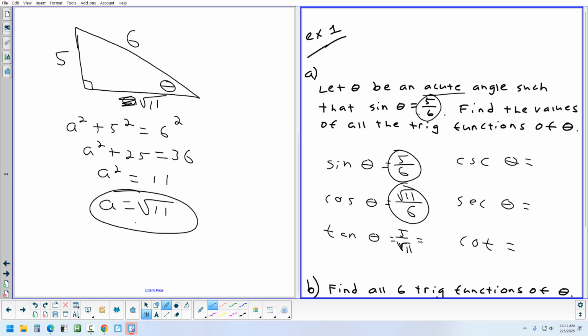But we need to fix it so the root's not in the bottom. What do you get when you fix that? Anybody remember? Or how do you fix that? Reciprocal. You can't flip a fraction because then it would change its value.